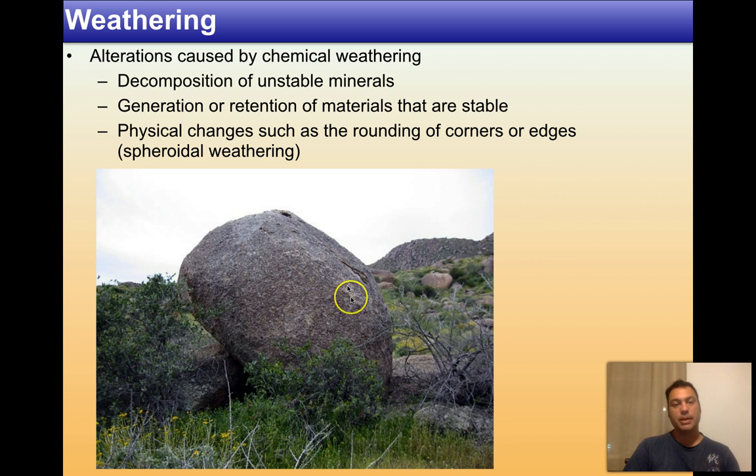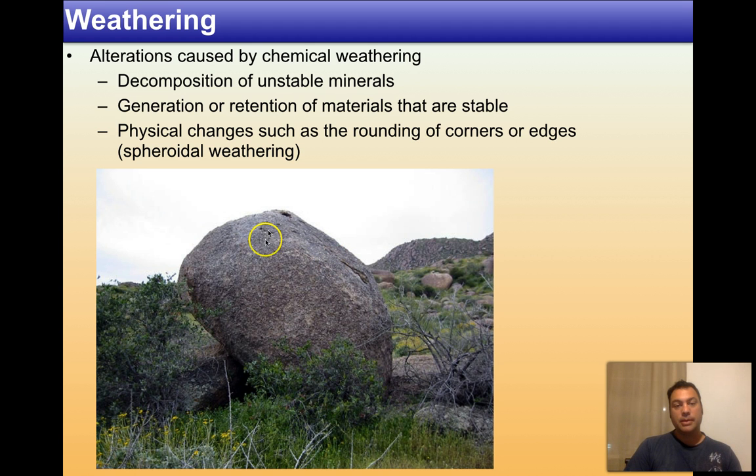So here we see this block again. Let's go back to it. Notice it doesn't really have any sharp edges to it. This is called spheroidal weathering. And the reason why this occurs is because these corners here have more surface area. Remember, we're talking about that surface area argument earlier in the lecture. There's more surface area exposed because we're being attacked in 3 different directions. But if you were coming in this side, right here, it's only being exposed to chemical weathering right at this location here.